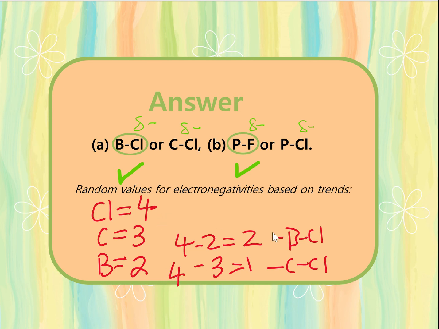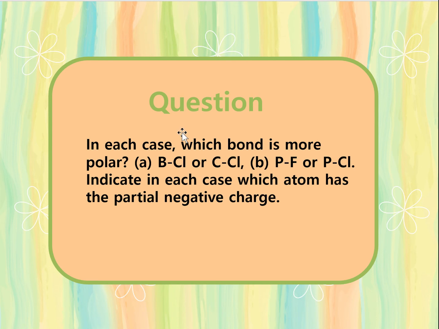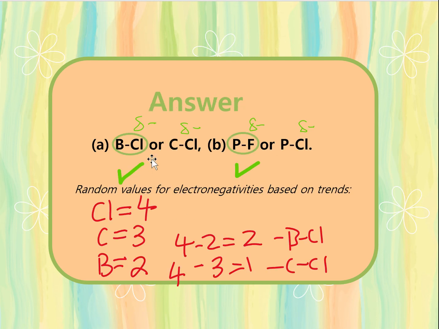So we're saying that the difference in electronegativity is greater for this as opposed to this, and that is why we're saying that this bond is more polar than this one. And of course, the other question said, indicating in which case which atom has a partial negative charge. So definitely on the halogens, we have a delta negative charge.